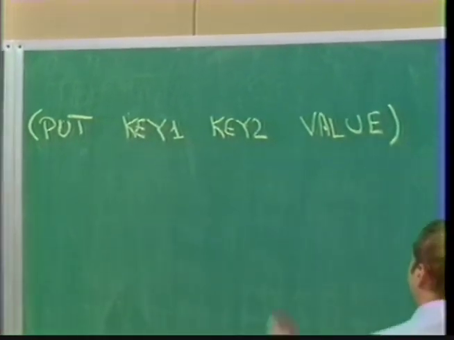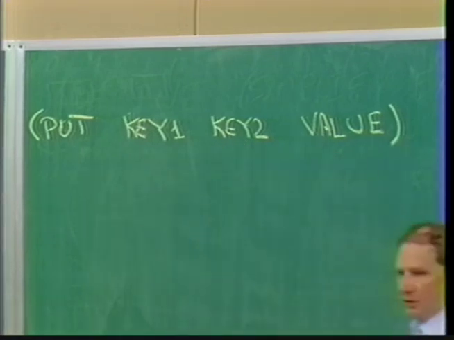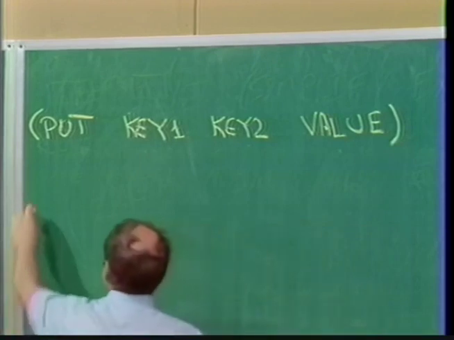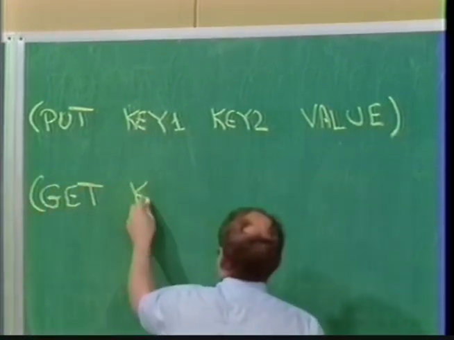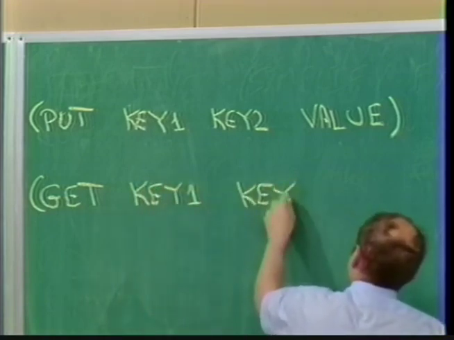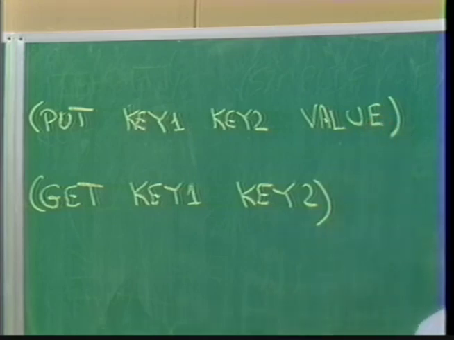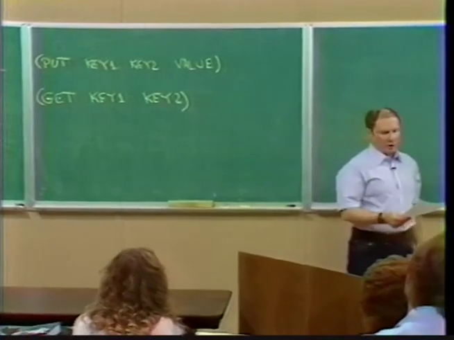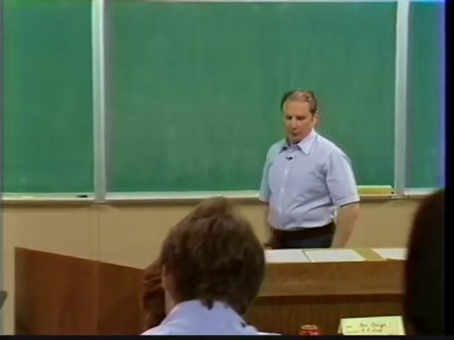And that stores the value in the table under key 1 and key 2. And then we'll assume there's a thing called get, such that if later on I say get me what's in the table stored under key 1 and key 2, it'll retrieve whatever value was stored there. And let's not worry about how tables are implemented. That's yet another data abstraction, George's problem. And maybe we'll see later, talk about how you might actually build tables in Lisp.